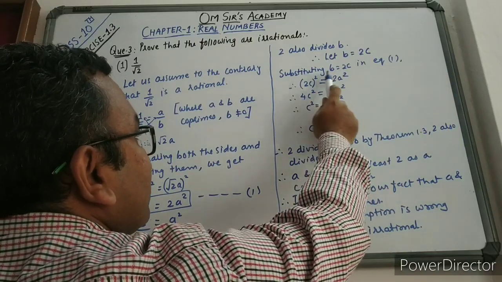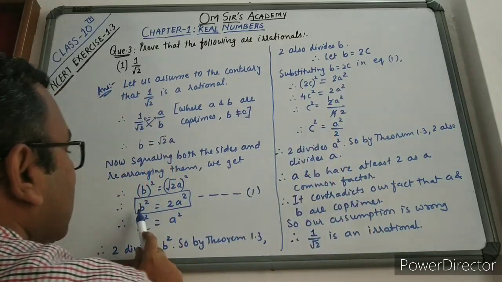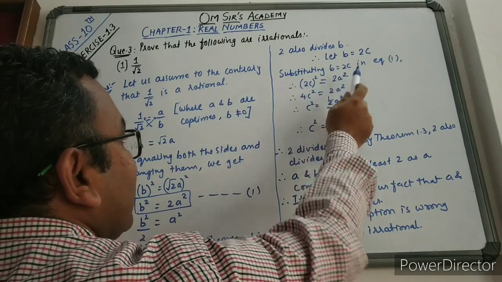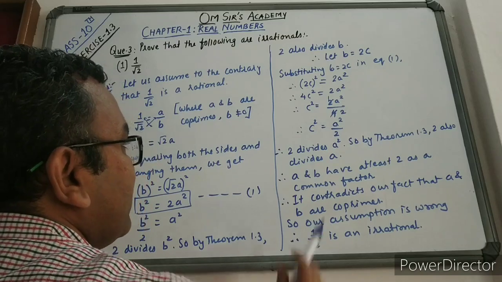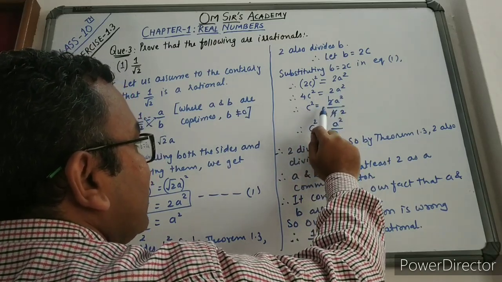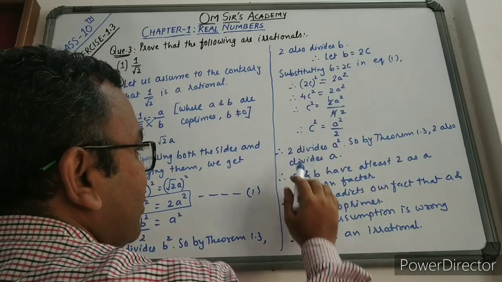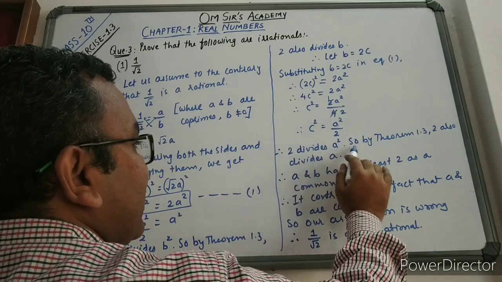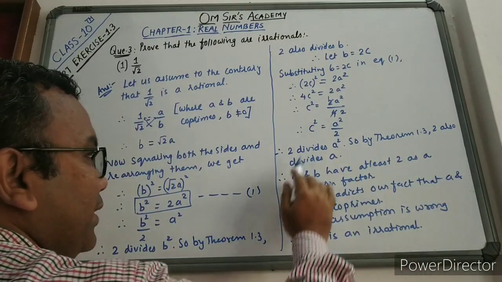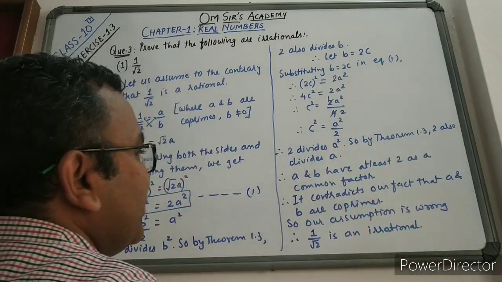Is it clear? So as 2 was dividing b, I assumed that b equals 2c. Okay, so substituting b equals 2c in equation 1, what did I get? Instead of this b square, I put 2c square. 2c square equals 2a square. So it will be 4c square equals 2a square. So therefore c square equals a square upon 2. Okay, so here 2 divides a square. So by theorem 1.3, 2 also divides a. 2 a square को divide कर रहा है, तो theorem 1.3 के हिसाब से 2 a को भी divide करेगा.